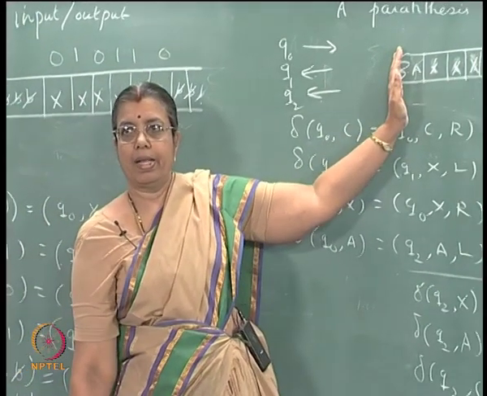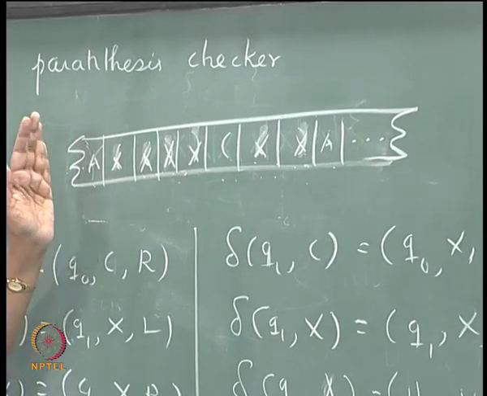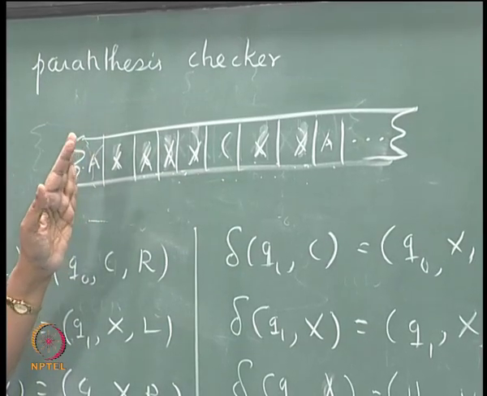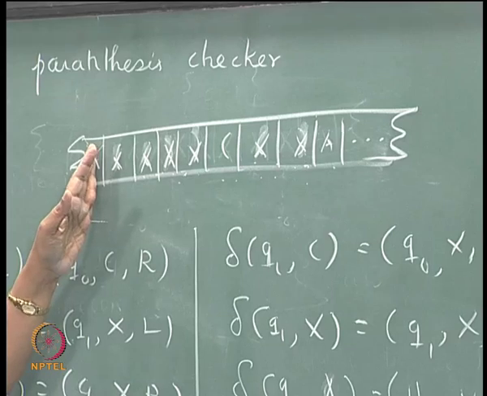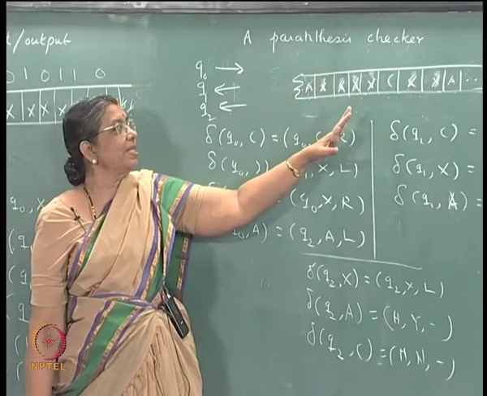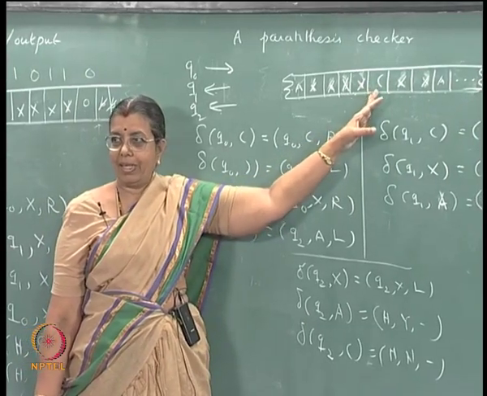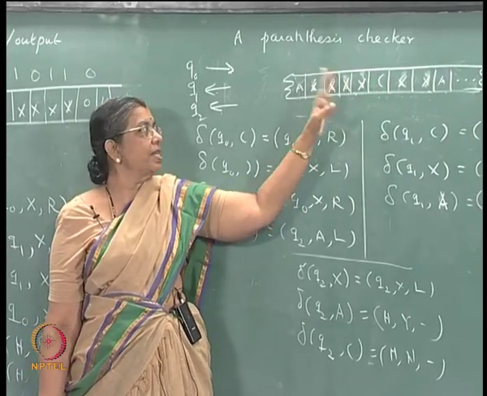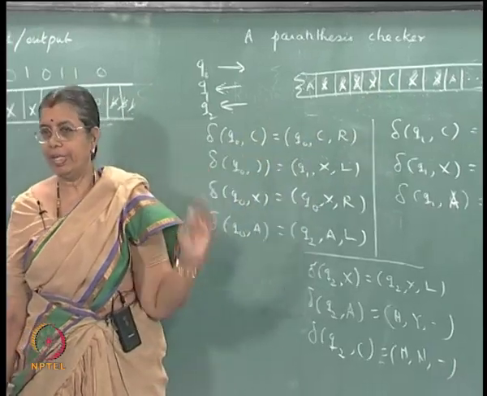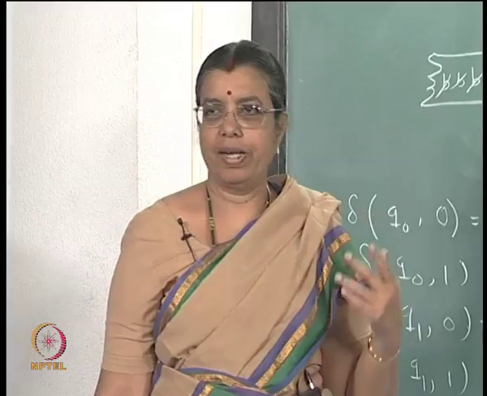If there are more right parentheses, no will be printed here. If there are more left parentheses, no is printed here. You can slightly modify the machine and make it printed there, it does not matter, just make it move and print it.